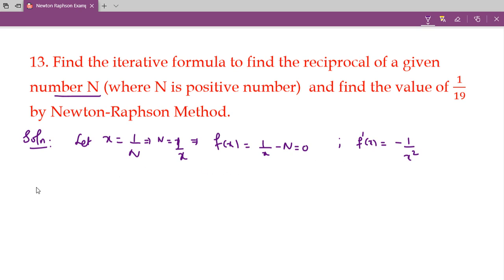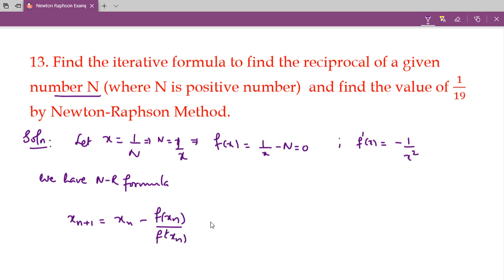Now we have the Newton-Raphson formula, that is x(n+1) is equal to xn minus f of xn divided by f dash of xn.